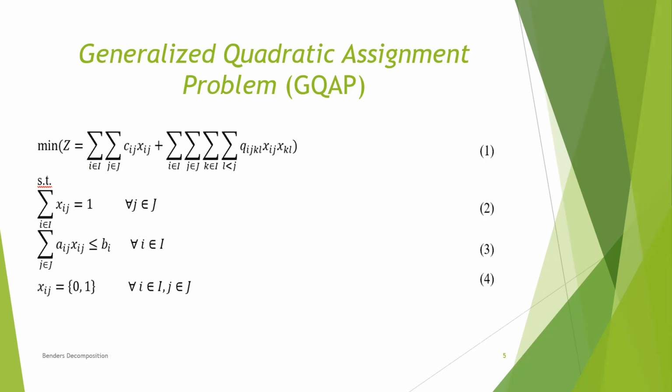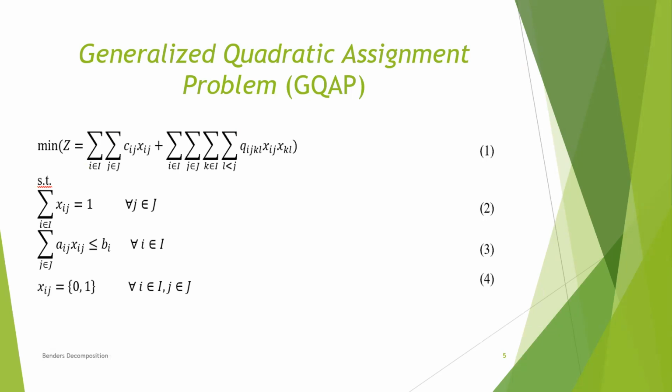The first one is the linear assignment cost. The second one is a quadratic cost that shows the interaction costs between the facilities and equipment assignments.